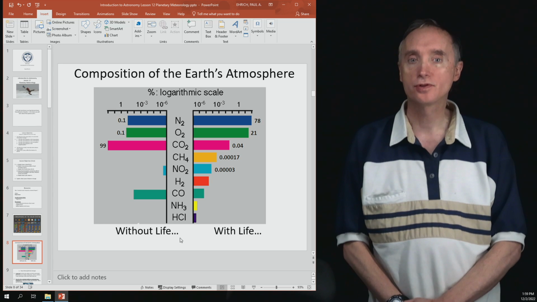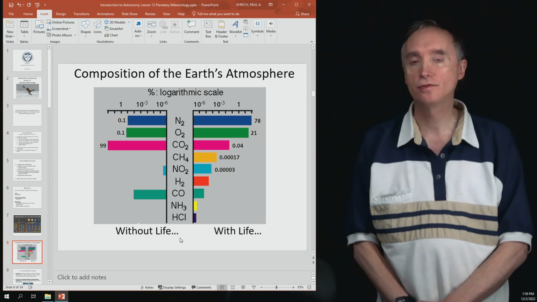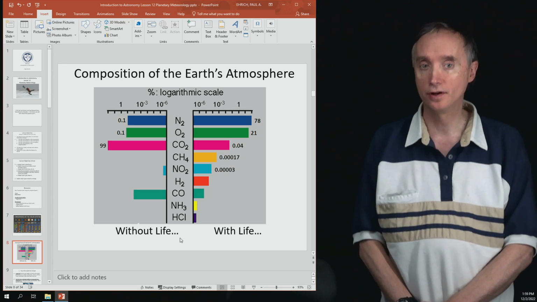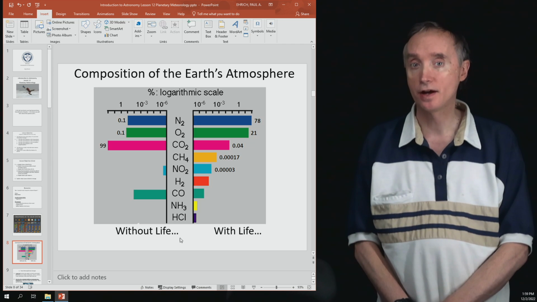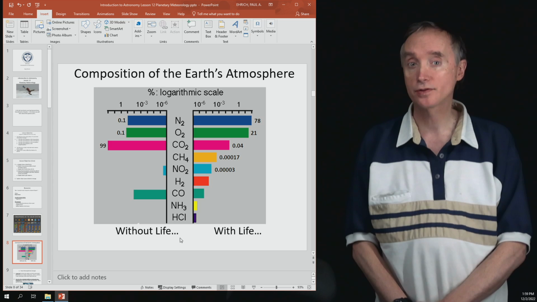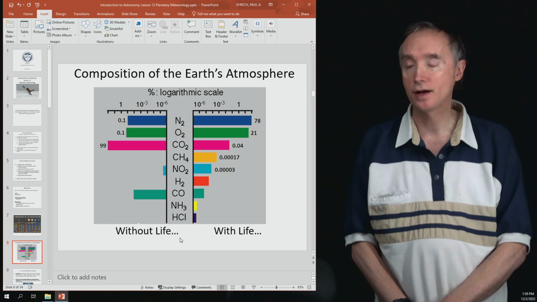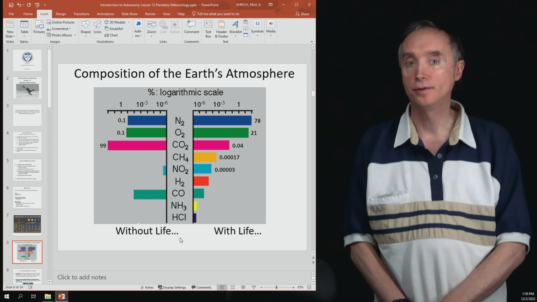So if you were to look at the atmosphere of the Earth currently, it has a lot of nitrogen, 78%, 21% oxygen, and then about 0.04% carbon dioxide, and then it's got some methane and some other elements and compounds in it.